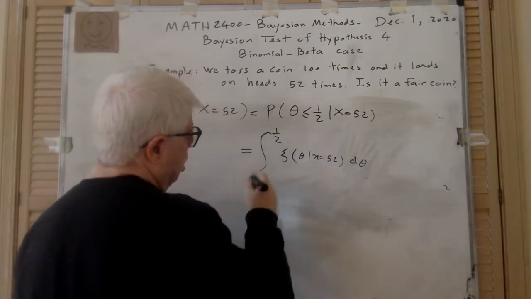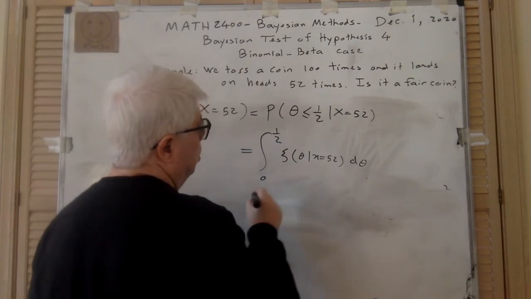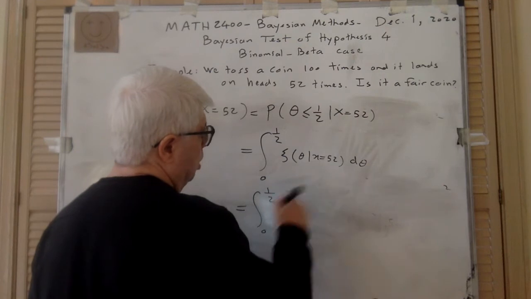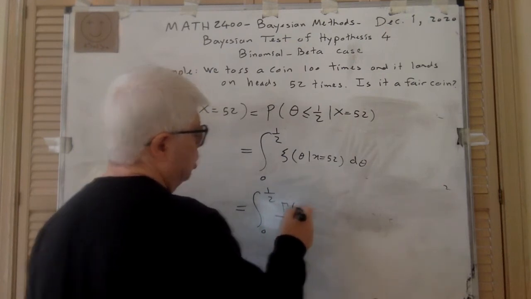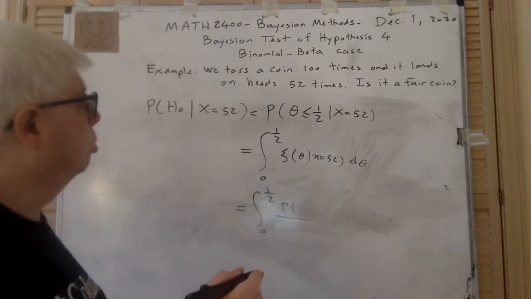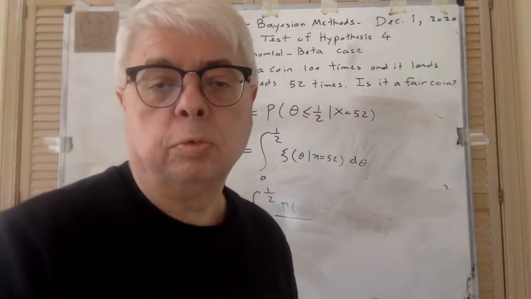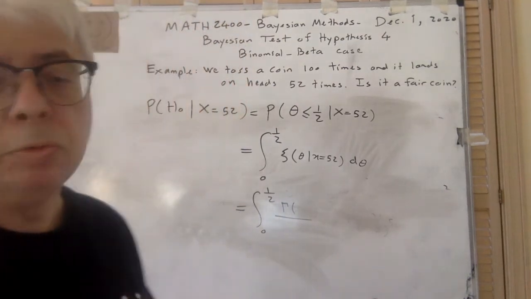So what was that? That is in fact a beta distribution. Remember, that was the PDF of a beta distribution, so that is the integral from 0 to 1/2 of gamma of 55 plus 51 over gamma 55 gamma 51, theta to the power 54, 1 minus theta to the power 50, d theta. I think it was 55, 51.